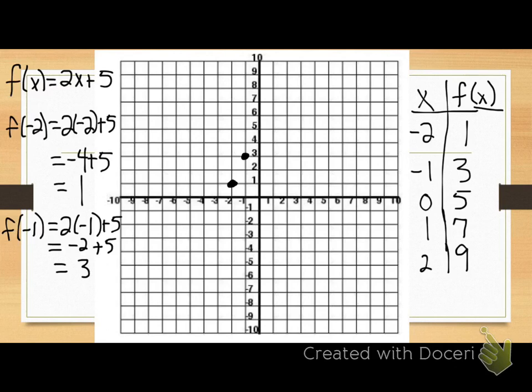0, 5. Which 2 directions, how many units am I going? Stay in the middle on that y-axis, going up how many? 5. Going left and right 0, going up 5. 1, 7.